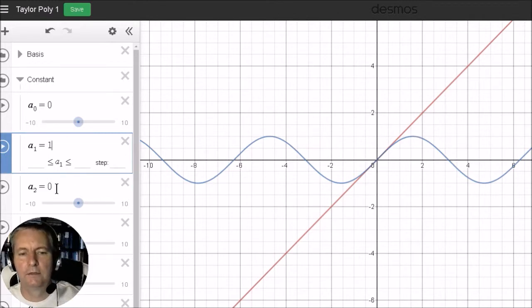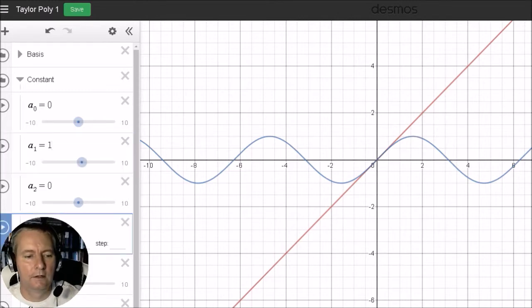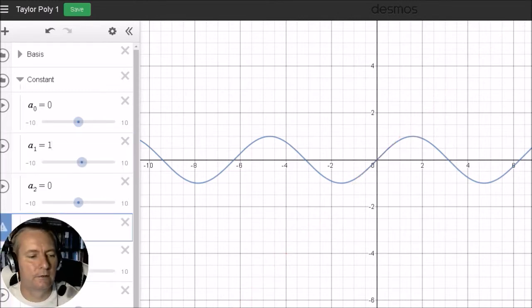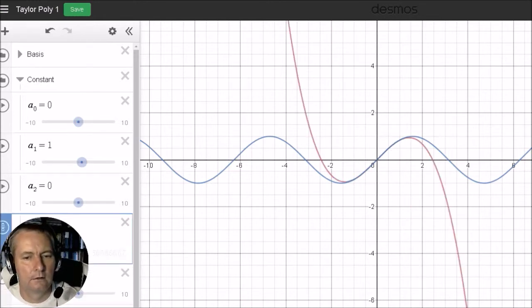The term a2 is equal to 0. The third term, a3, is minus 1 upon 6, that's 1 upon 3 factorial. So that's our second approximation there. You can see it hugging the sine function quite well.